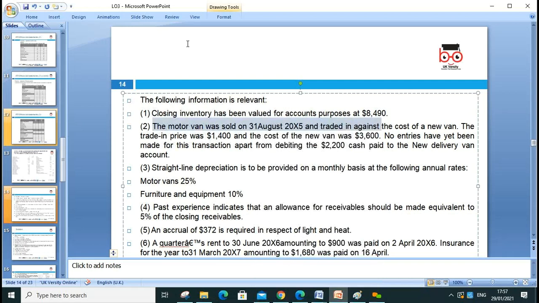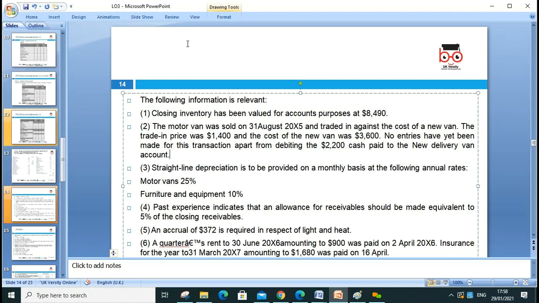Motor van: we sold it against the cost of the new one, which is £1,400, and we bought the new one for £3,600. No entry has been made yet, so we can record it, debiting by the difference, 36 minus 14. So we have to pay cash. We make it a new van. New van debit by 3,600.